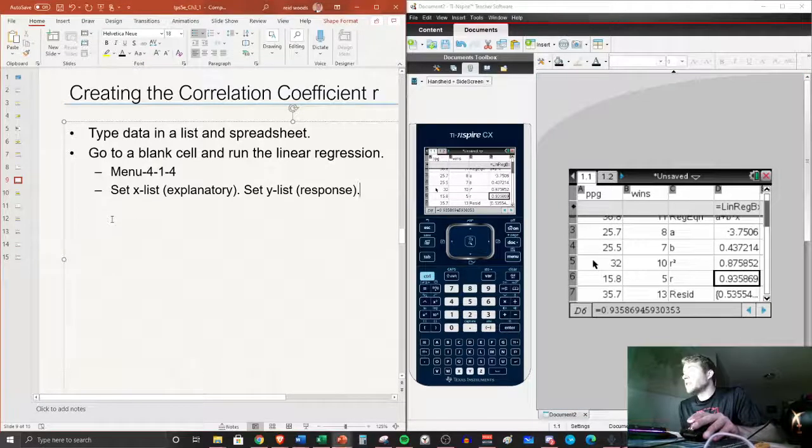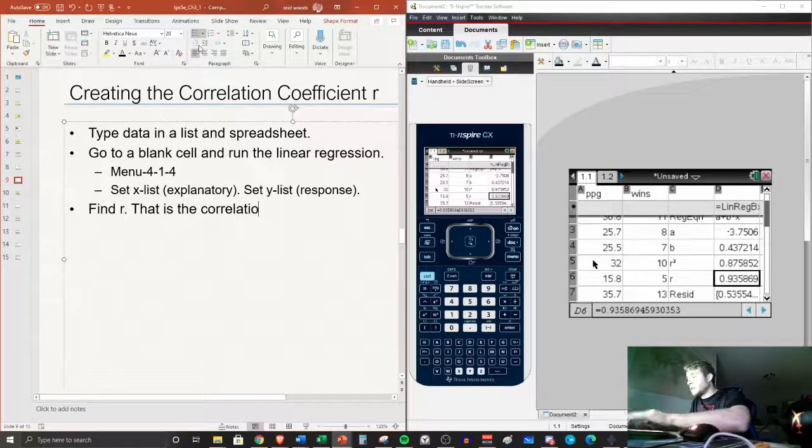So in our notes, let's go back. And we'll talk about, of course, all of these values in here, but find R, that is the correlation coefficient. Okay, cool. That is the correlation coefficient.